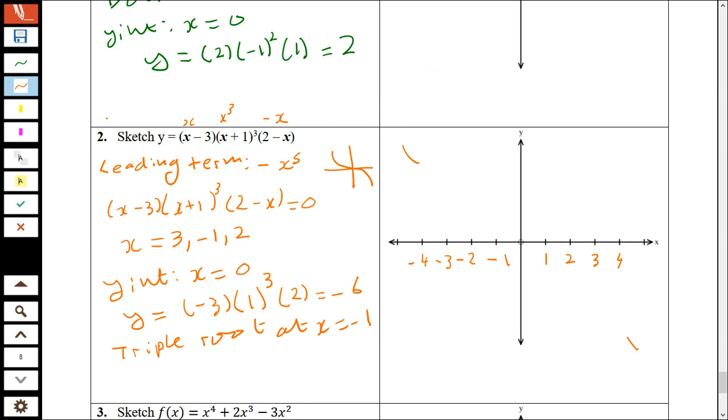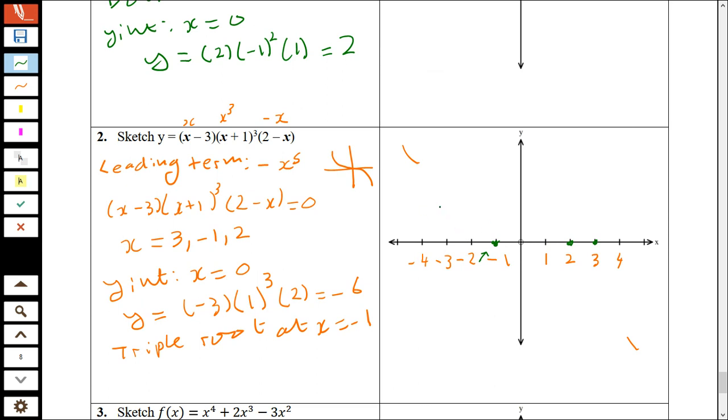Okay, and let's also put our intercepts on there. So 3, negative 1, and 2. So negative 1 there, 2 there, and 3 here. Now, where is the double root? It's at x equals negative 1, isn't it? So here's my double root. So I might just put a little arrow here to remind myself.